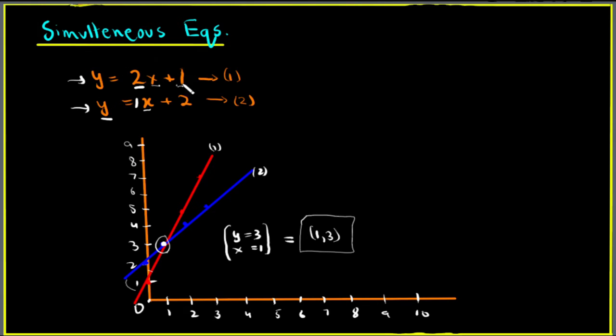If we only had one of these equations, we would never be able to find what y would be equal to for a particular value of x, because there could be infinitely many values of x and infinitely many values for y. But we needed that one solution, 1 comma 3, and we got to know it because we had another equation that intercepted the first equation. Here we can see in the graph that this is the particular point that both of the equations are talking about, right?